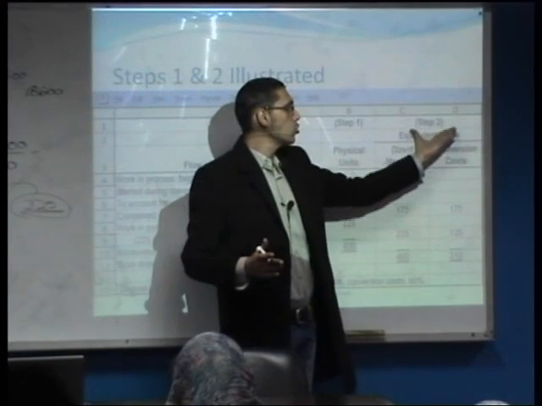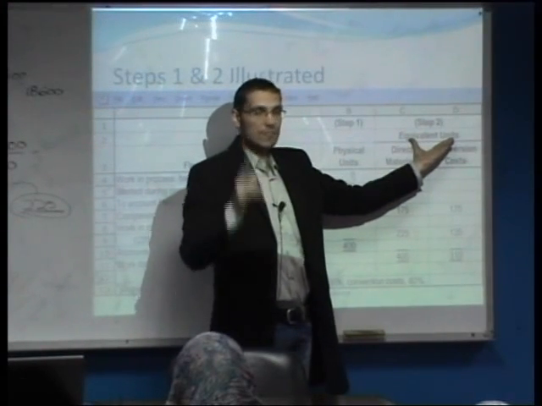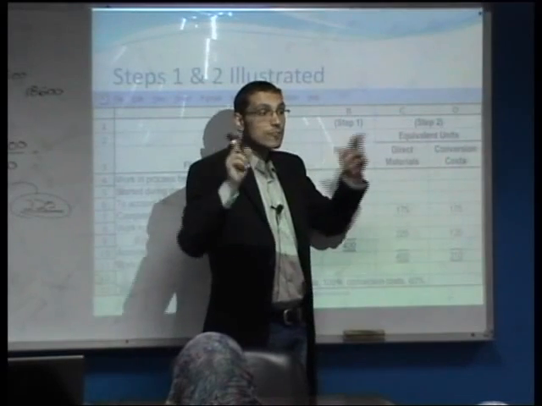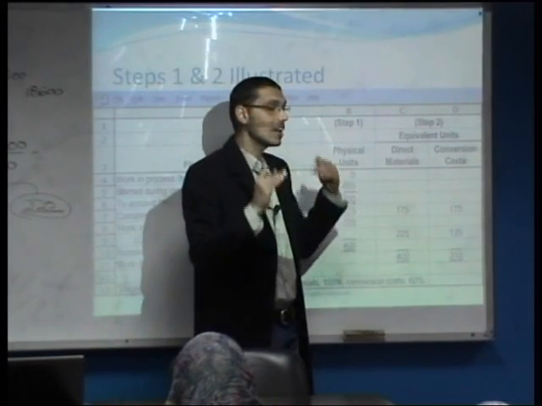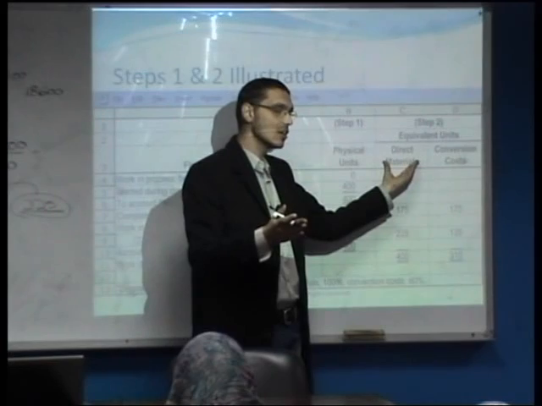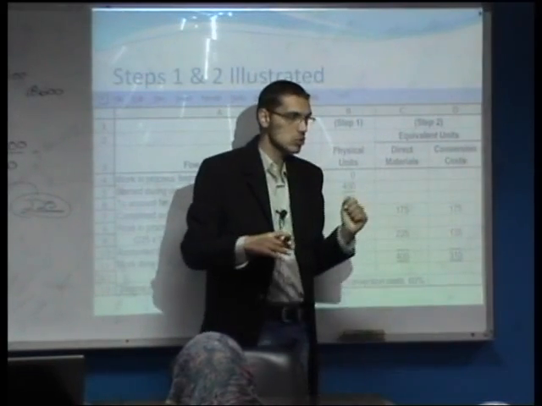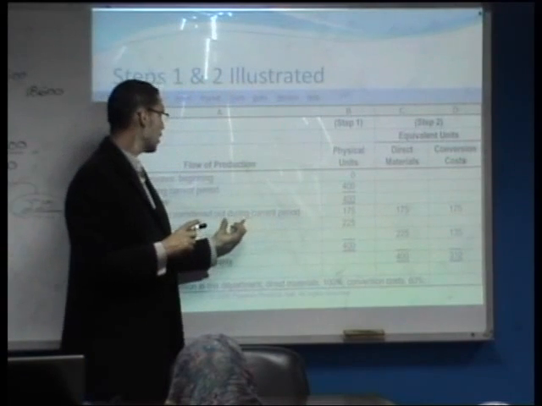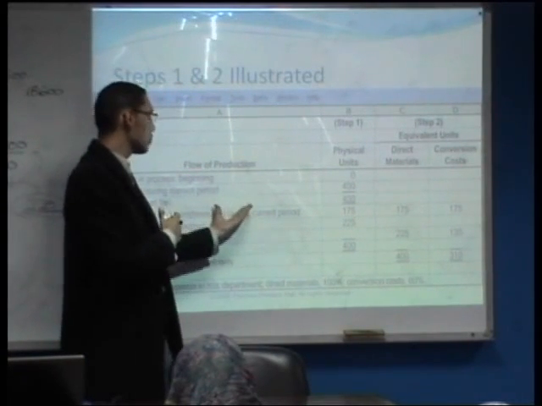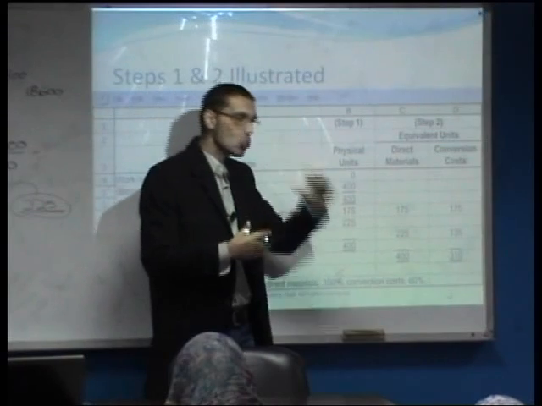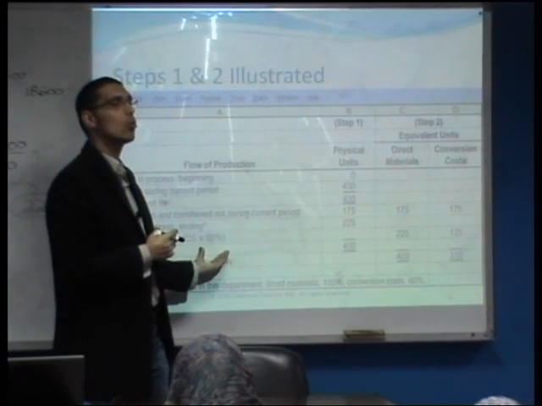In step number 2, we need to calculate the equivalent units. First of all, for the two different categories, we are going to calculate the equivalent units for the direct materials separately from the conversion costs, for the units that are completed and transferred out, as well as for the ending work in process.